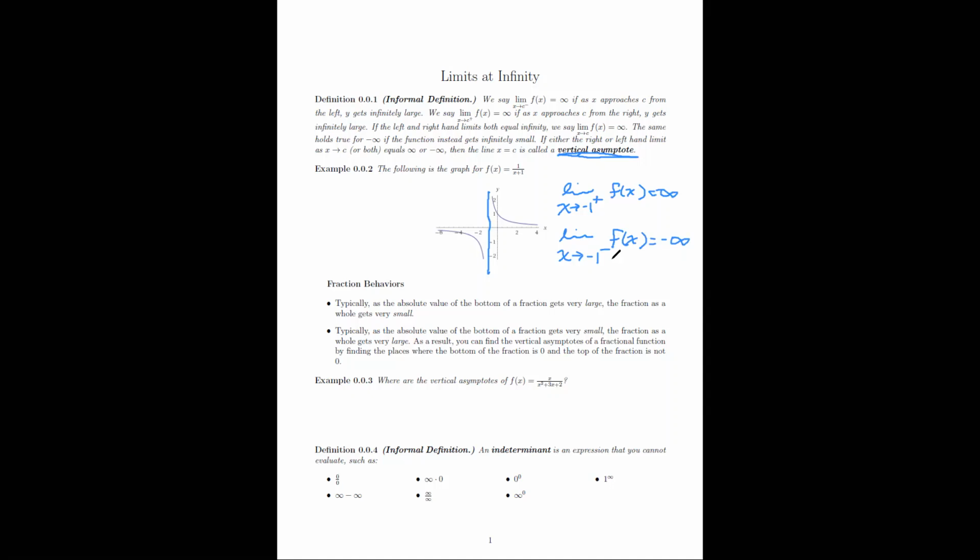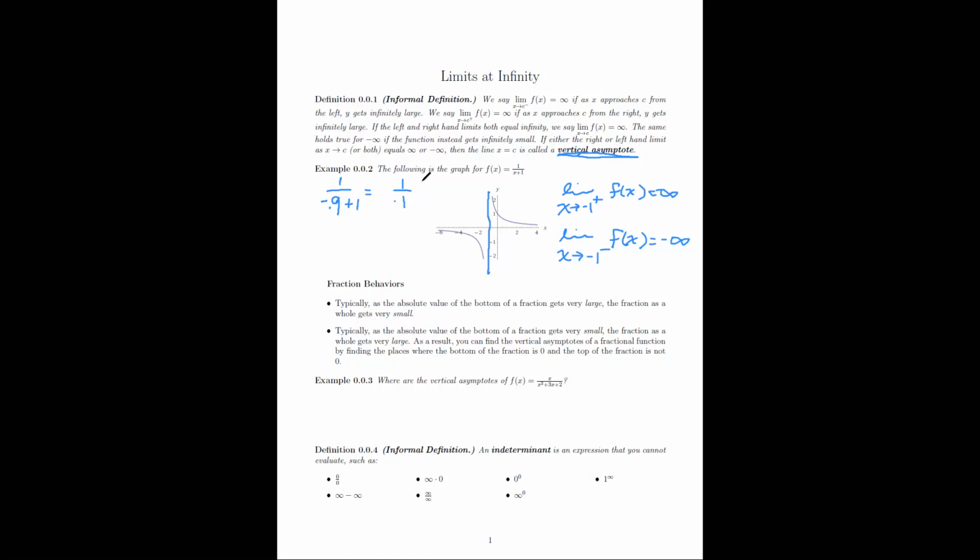Now, it's pretty clear from the graph what's going on, but if we didn't have the graph, if we just had this function, what we would do is plug in numbers that are closer and closer to minus 1. So for instance, if we plug in minus 0.9, we would get 1 over minus 0.9 plus 1, which equals 1 over 0.1.